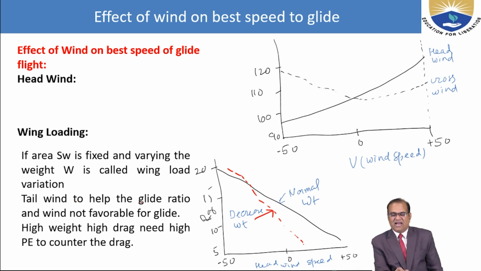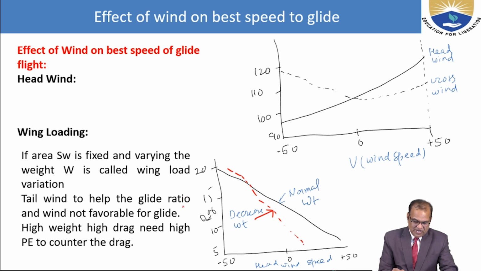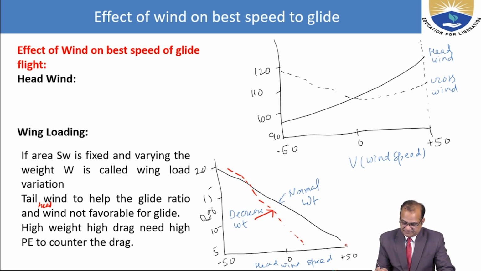Tailwind helps the glide ratio, and headwind is not favorable for the glide. So if you see here, this is the headwind and this is the tailwind. If it is minus 50 meters per second, it is very nice, your glide ratio is 20, but if it is the headwind, the glide ratio will be less.